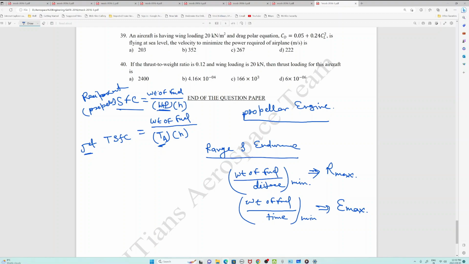So now suppose we are talking only about propeller engines. So BHP obviously comes into the SFC equation.